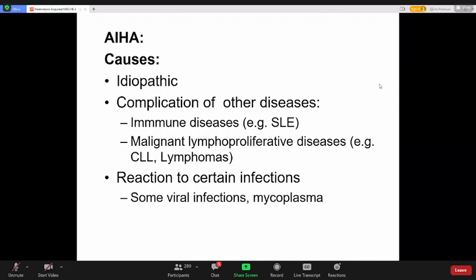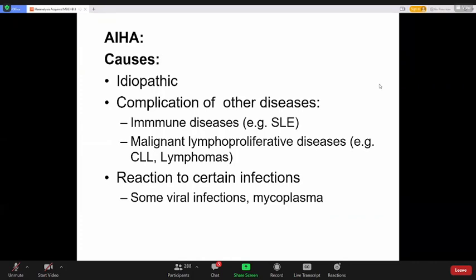You can also get antibodies produced due to certain cancers, especially cancers of the lymphoid system, like lymphomas and chronic lymphocytic leukemias. You're going to have lectures on all these. For example, in some malignancies called lymphomas, patients can have an autoimmune related hemolytic anemia accompanying this malignancy, all right?